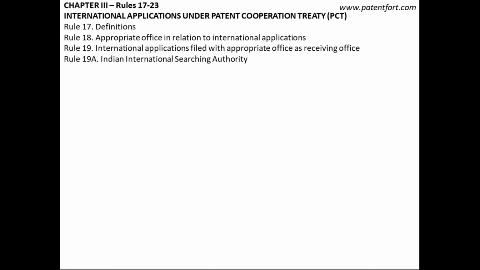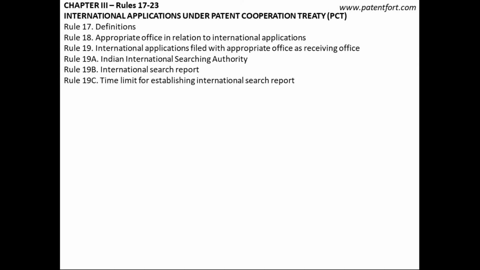Rule 19A, Indian International Searching Authority. Rule 19B, International Search Report. Rule 19C, Time limit for establishing International Search Report. Rule 19D, Transmittal of International Search Report and Written Opinion.